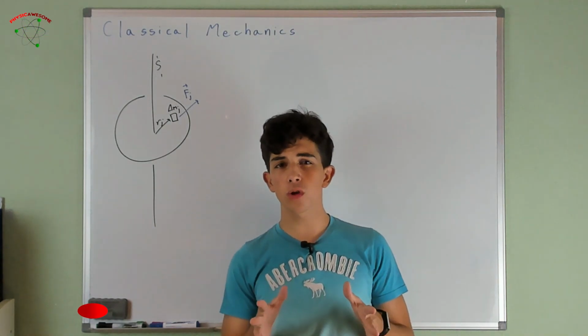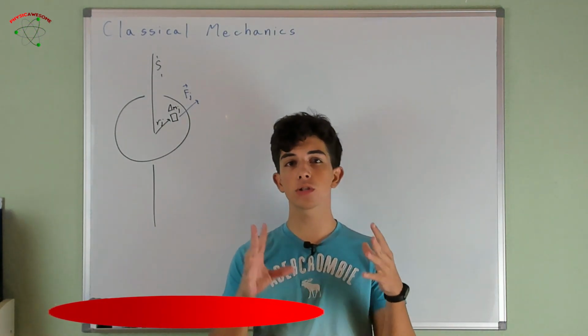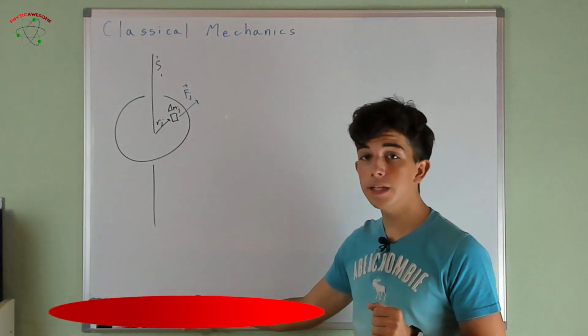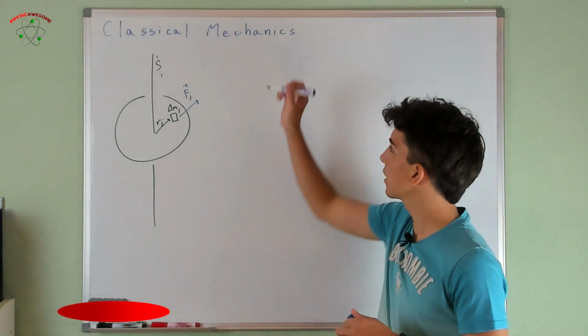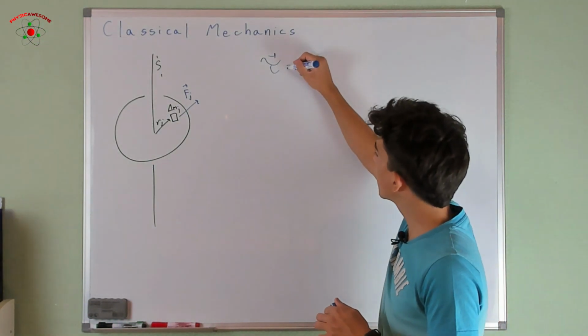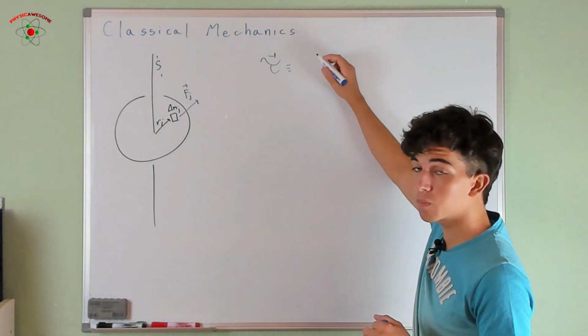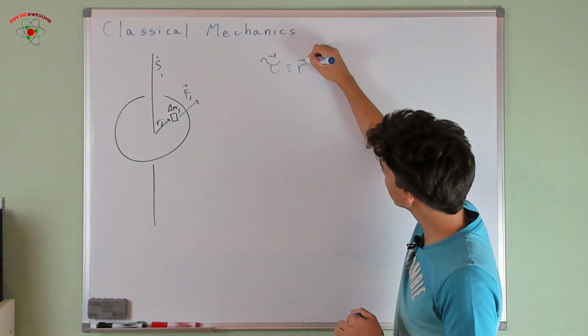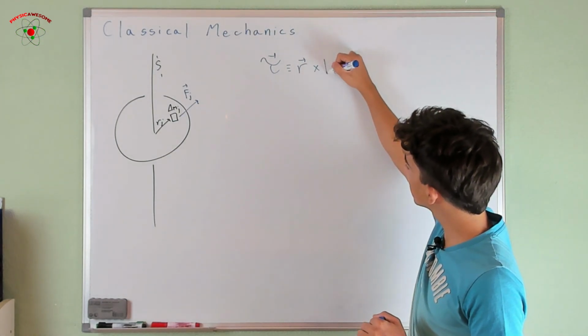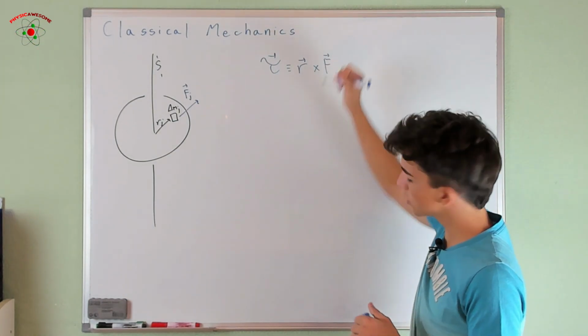Torque is the analogue in circular motion of force. It is defined in the following way. Torque is a vector quantity, and it is defined to be the cross product between the position vector and the force.